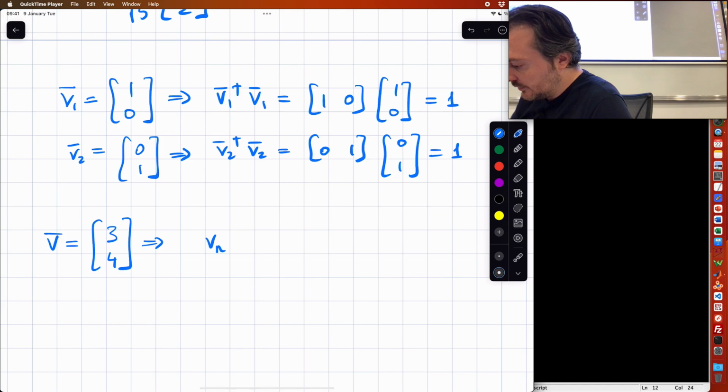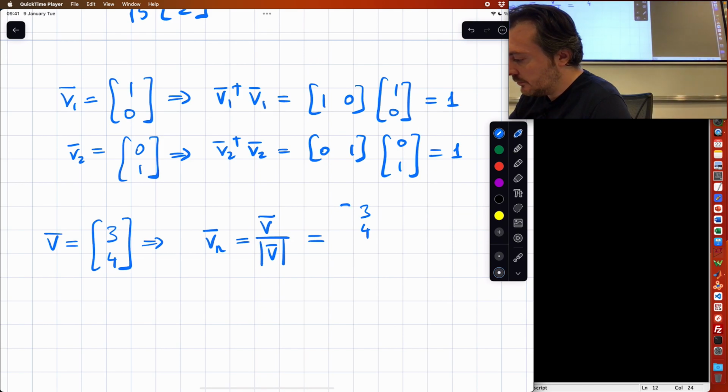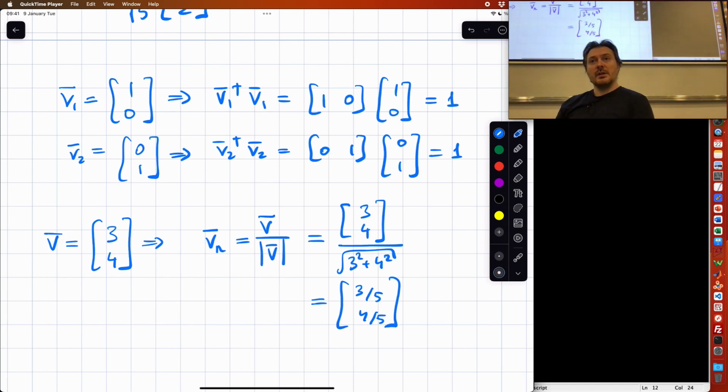Let me call V normalized, V divided by its absolute value, right? Which is 3, 4 divided by the square root of 3 squared plus 4 squared, which gives you 3 over 5, 4 over 5. Okay?